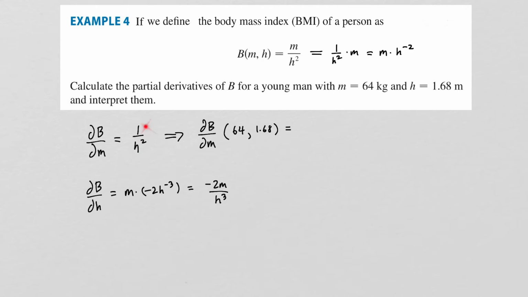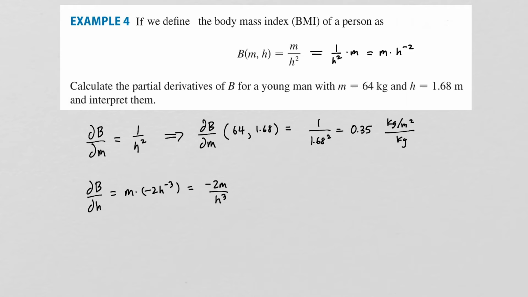Now, of course, our partial derivative in this case only has one variable, h, so we will only be plugging in 1.68 there. So we get 1 divided by 1.68 squared. And if you do the calculation on this, you get approximately 0.35. And this is kilograms per square meter per kilogram. So what does that mean exactly?